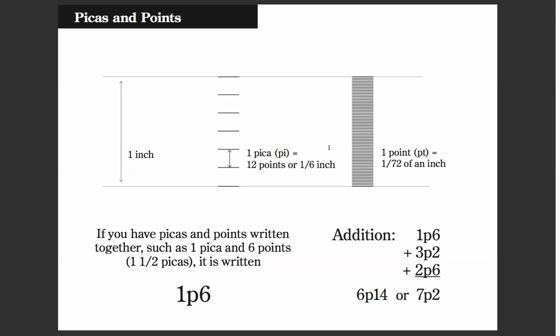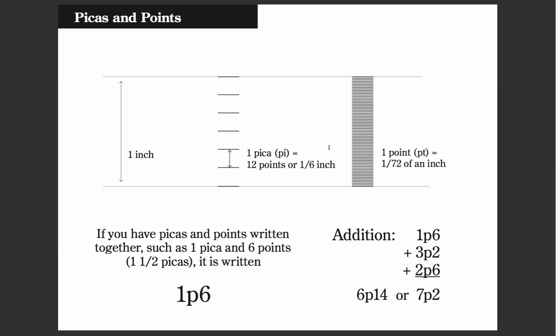So we use picas and points because the type is really small. A point is 1/72 of an inch, so most of the time we can measure things in whole units. Type is like 8 points or 12 points instead of being 1.0625 or something like that. So we use points because it's really easy to measure type using that kind of unit.